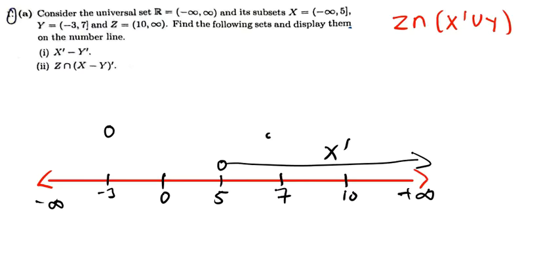So that's my y. Z is from 10 to positive infinity. 10 is here. Is 10 included? No. All the way to positive infinity. That's my z. Now, first thing we have to understand is that x complement union y, it is this part here.